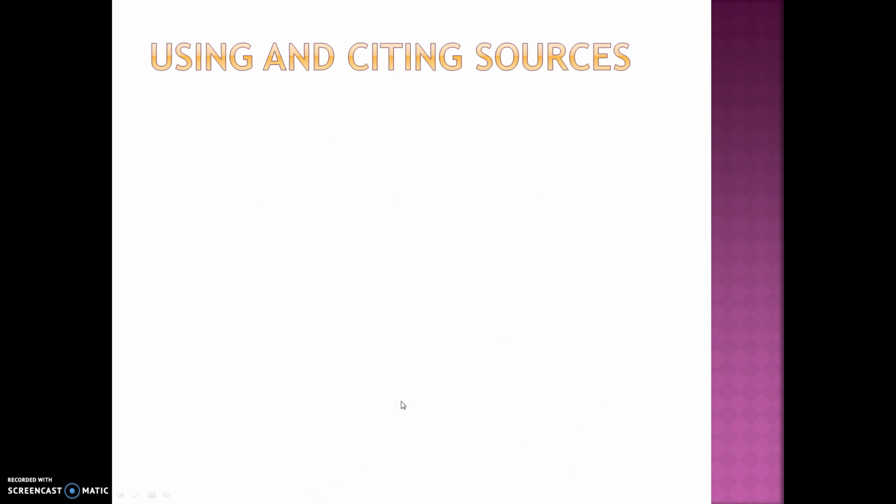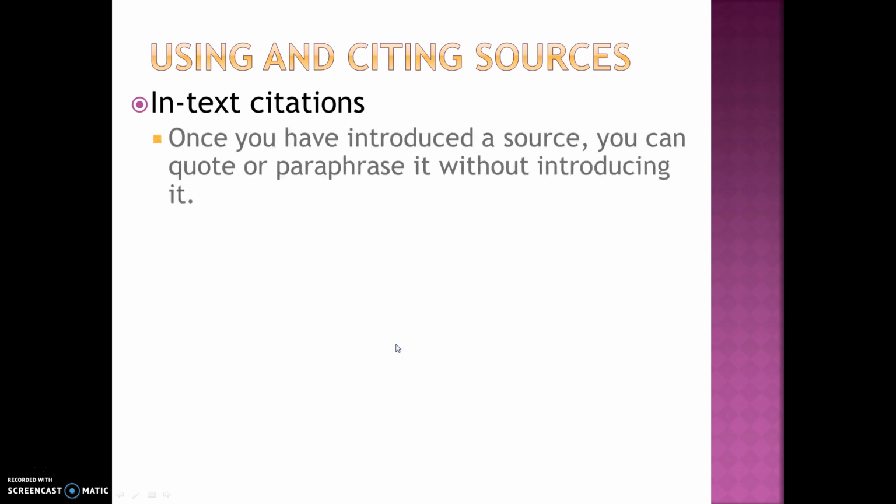Now, let's say that you have already introduced this source, by Nathaniel Lloyd. Later on, when you are using a quote again, when you've already introduced a source and maybe you want to use something else from the same source, you may not have to introduce it as thoroughly.